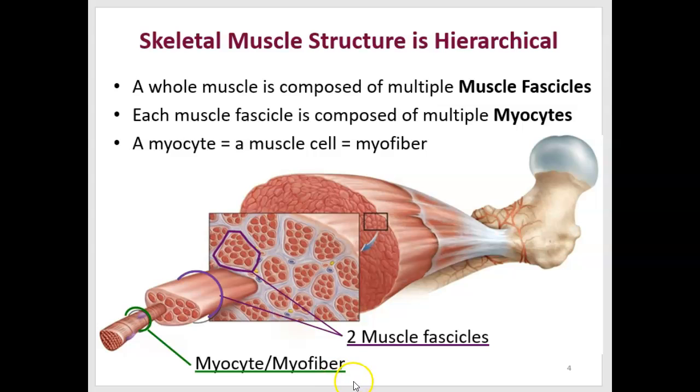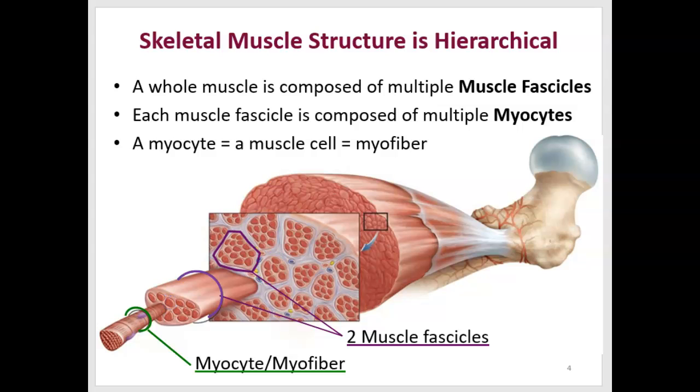Now notice the muscle fascicle also has some connective tissue around it that's shown as white. I'll circle here the white connective tissue. We'll name that in a second. And even within a muscle fascicle, in between myocytes, there's some connective tissue.